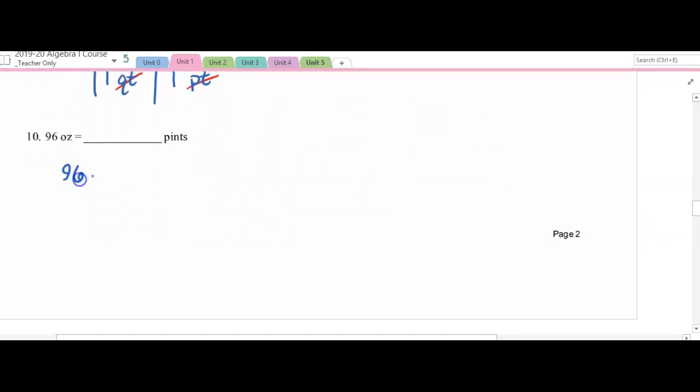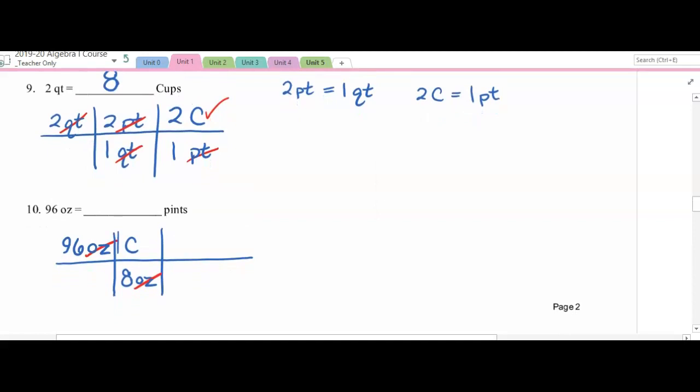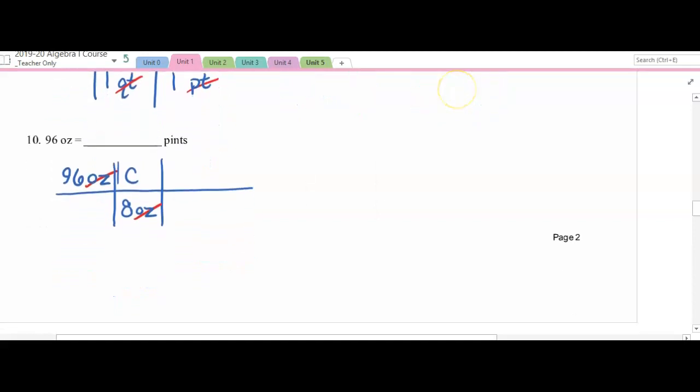96 ounces into pints. Well, we know there's 8 ounces in a cup. That gets rid of ounces. And from above, we know that there are 2 cups in 1 pint.